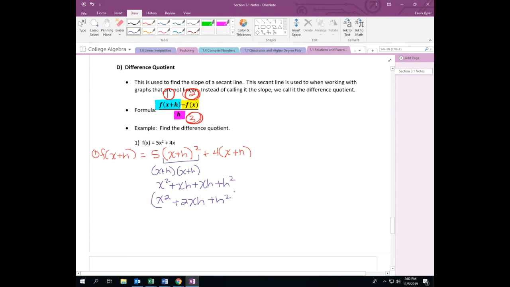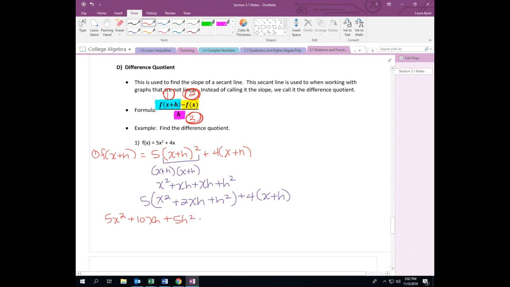Now I've got to multiply all this by 5 and also distribute a 4 through the second x plus h. So we multiply. 5 times x squared, 5x squared. 5 times 2xh is 10xh. 5 times h squared, 5h squared.